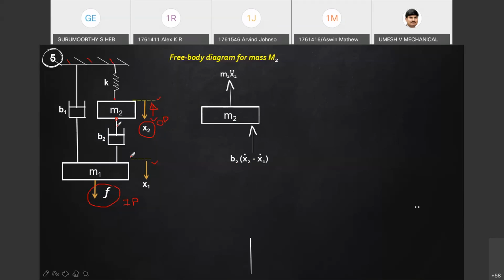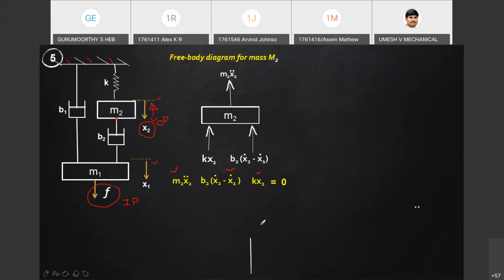x2 is the influence. With the point of consideration, it should be taken as first. So x2 minus x1 you should take. Minus x2, like that. So Kx2. It is not in between, so it is direct, into x2. There are no other forces. Write it as x2 minus x1, minus.